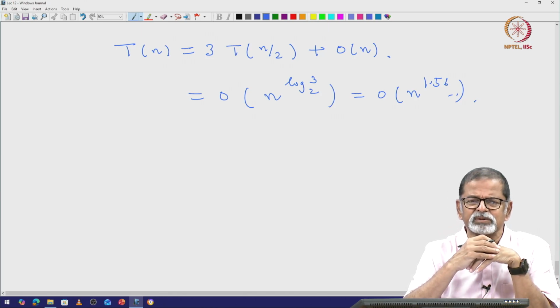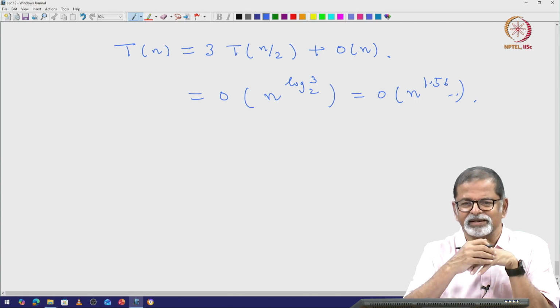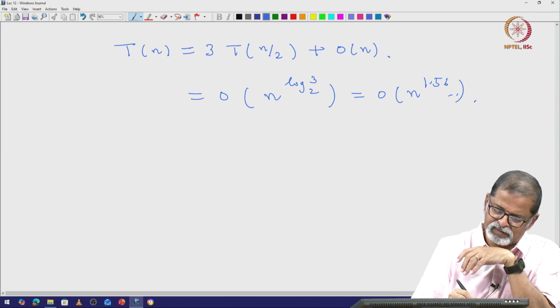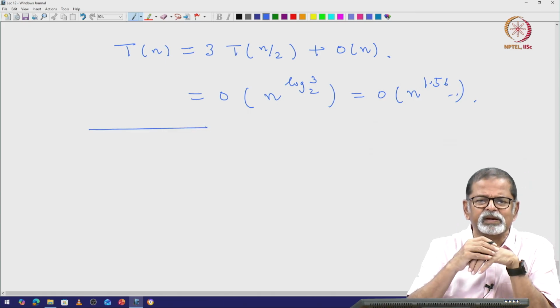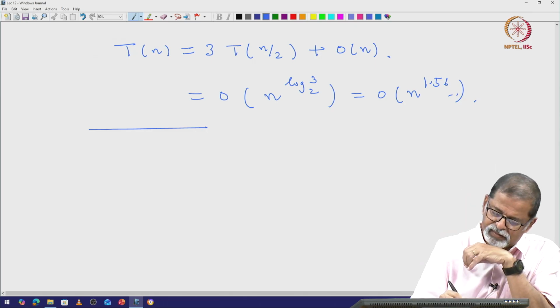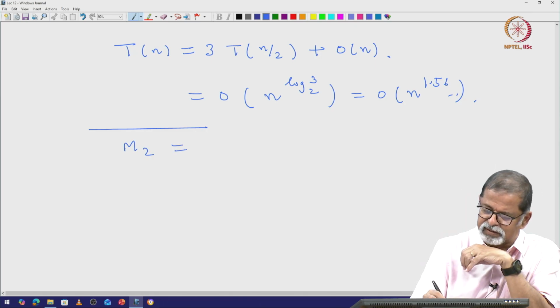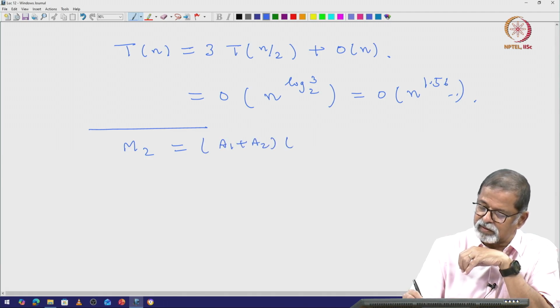So what we are going to do is a bit more, we will take this opportunity to dig a little deeper into certain technicalities related to this. If you look at the multiplication M2, M2 is multiplying A1 plus A2 times B1 plus B2.